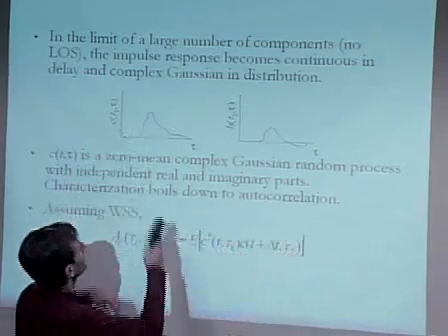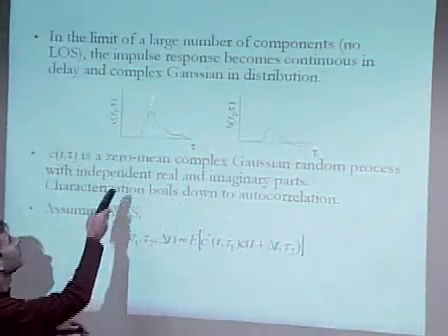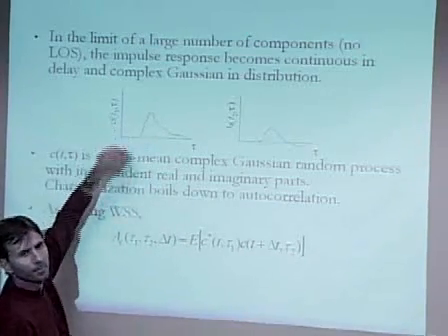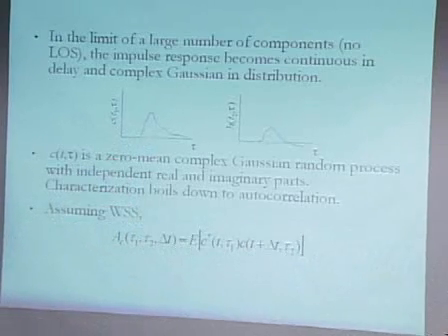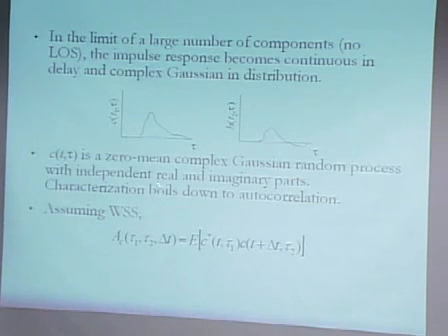Okay, so these are two pictures of it, and imagine visualizing it like a movie where each of the points in this curve is moving up and down with fading. Okay, that's what I'm trying to convey here. So this impulse response is a zero-mean complex Gaussian random process. And it's now continuous in delay as opposed to discrete, because we let the number of components go to infinity.